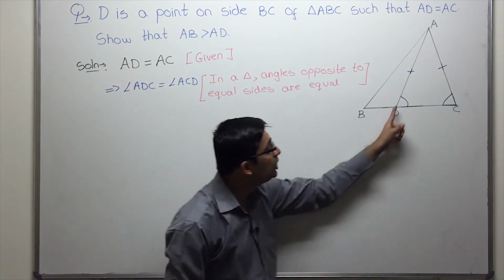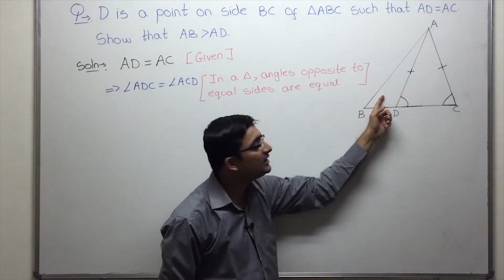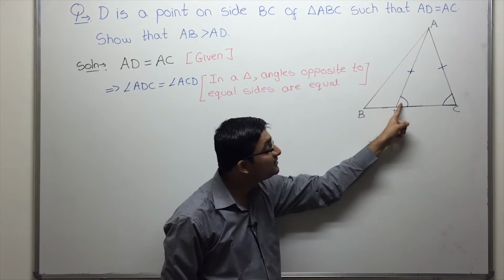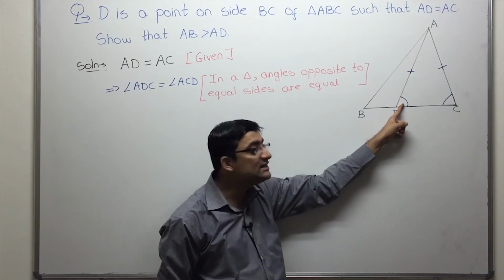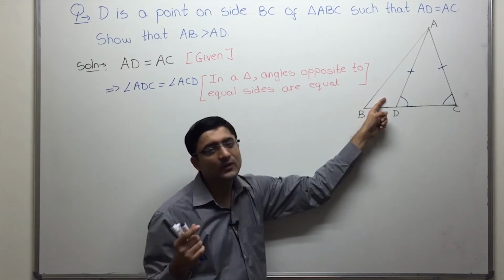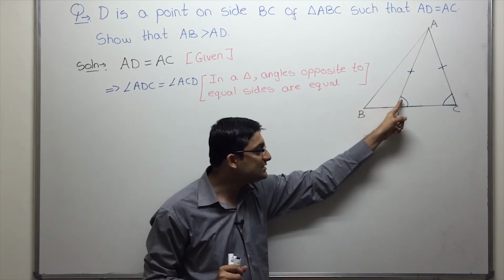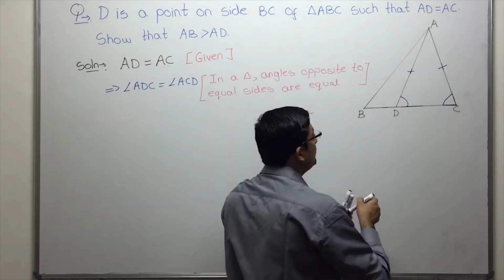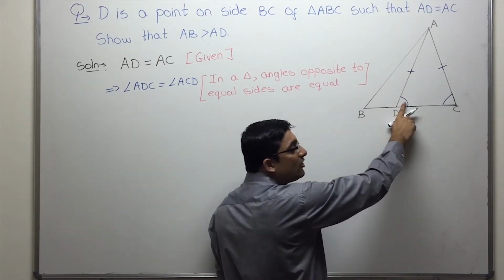Fantastic. Now look at this angle and this triangle over here, triangle ABD. So this angle is outside this triangle. That means this angle over here is an exterior angle for triangle ABD. The moment you see an exterior angle, we can apply the exterior angle property. Exterior angle of a triangle is equal to sum of its interior opposite angles. So for this angle, which are the interior opposite angles?